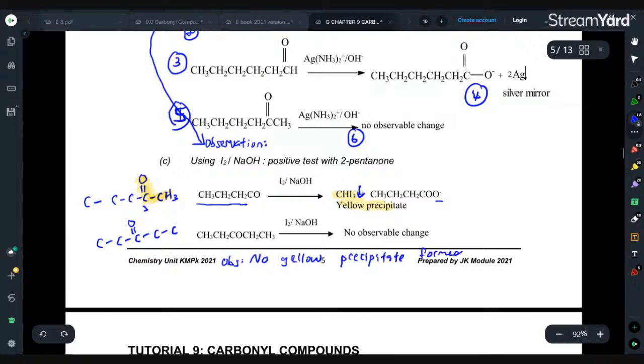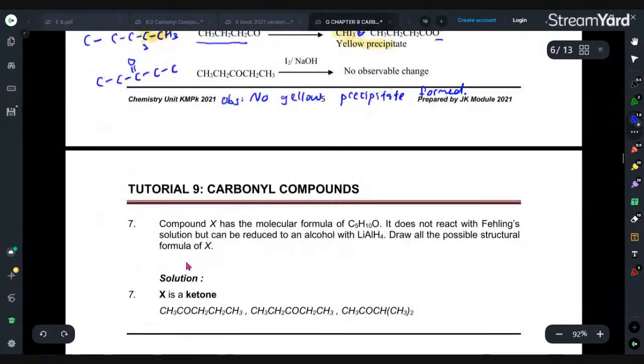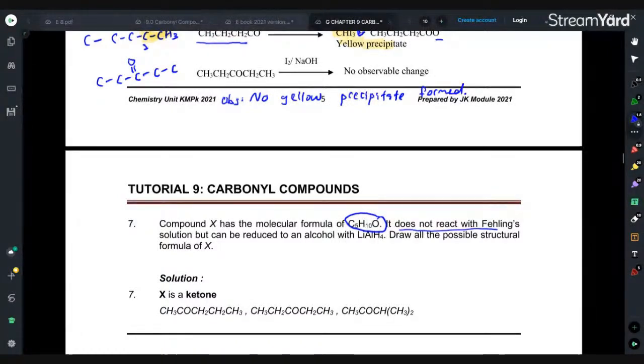Okay, now we move on to question number 7. Draw all possible isomers that do not react with phthalate and have this general formula. If you still remember what I guided you for the lab question and alcohol, for each of the statements you have to explain.